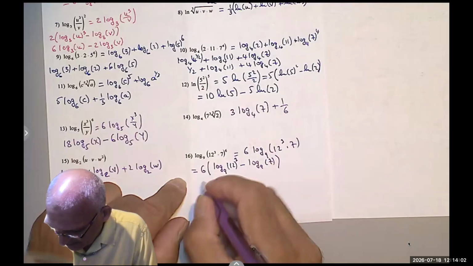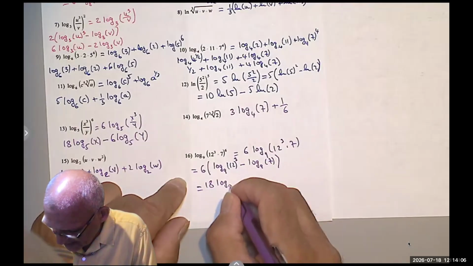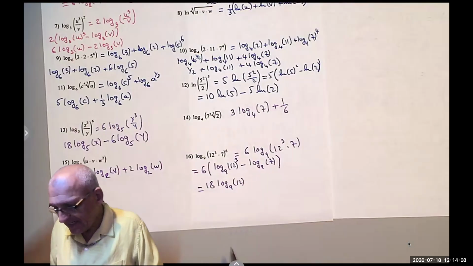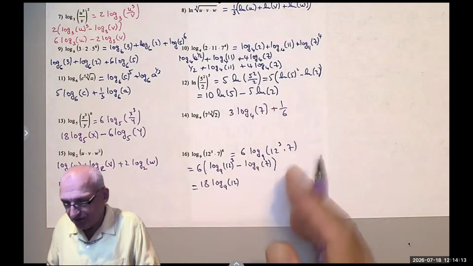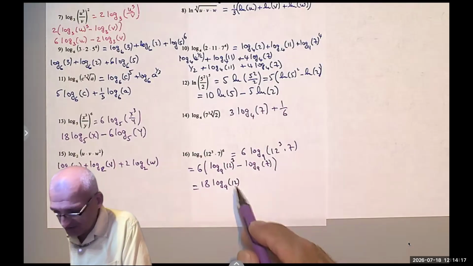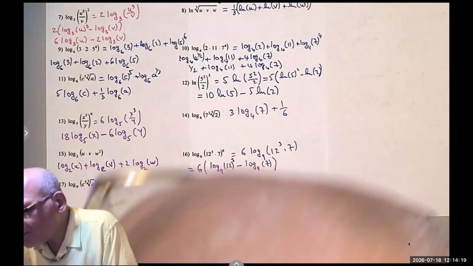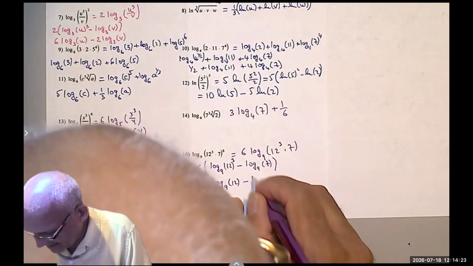The 3 comes as a multiplier, so you get 18 log to the base 9 of 12. Well, 9 and 12 are not powers of each other because 12 is 3 times 4. So if you want to do it, I will tell you what I mean by that.